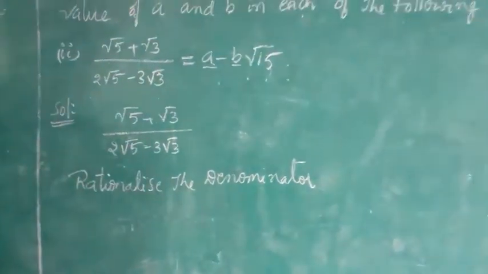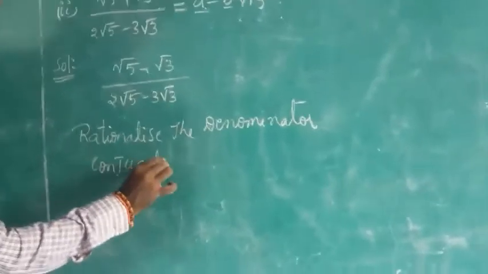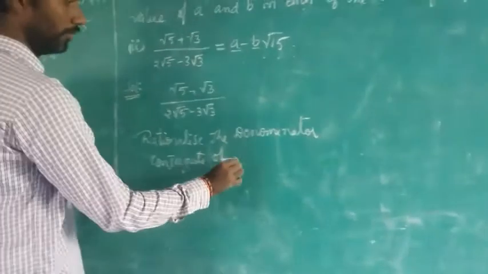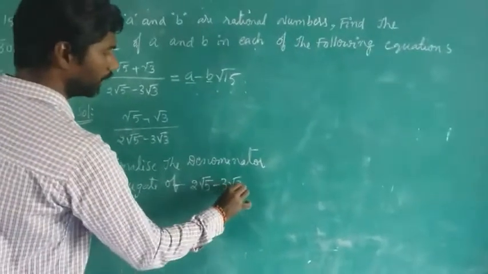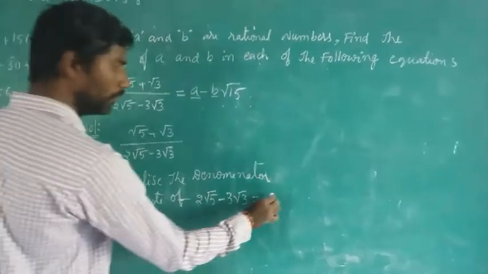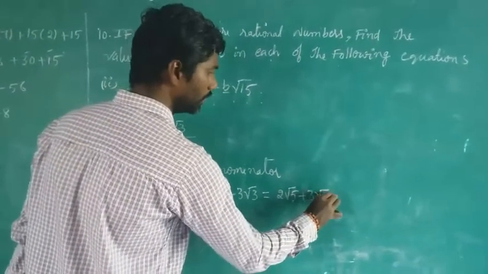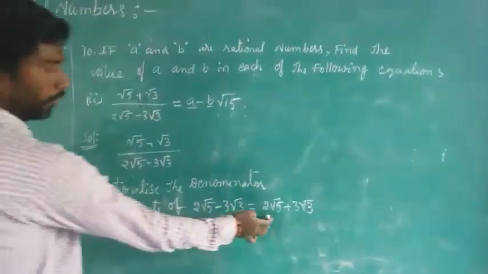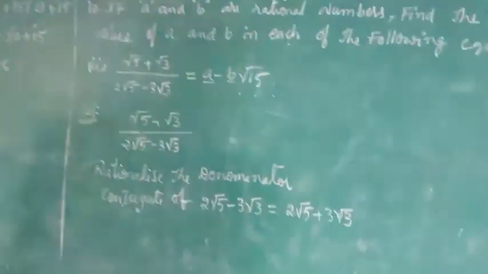I told you, the conjugate of 2 root 5 minus 3 root 3. What is the conjugate of this value? 2 root 5 plus 3 root 3. We need to multiply and divide by it.